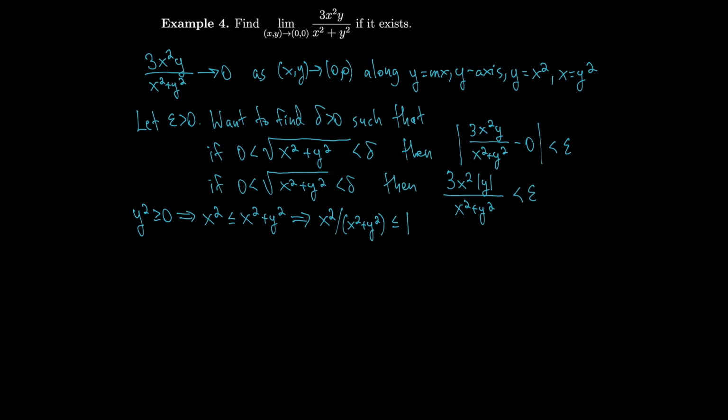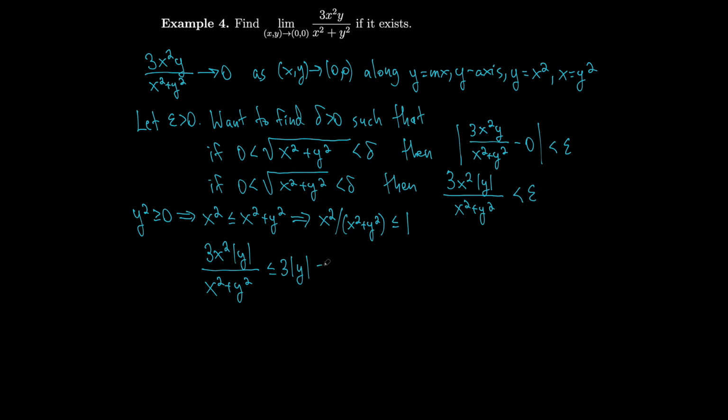Because if you're dividing by something bigger, then you reverse your inequality. Okay, so that's pretty cool. That means that if I look at 3x squared times the absolute value of y over x squared plus y squared, that must be less than or equal to 3 times the absolute value of y, because this entire fraction must be less than or equal to 1.